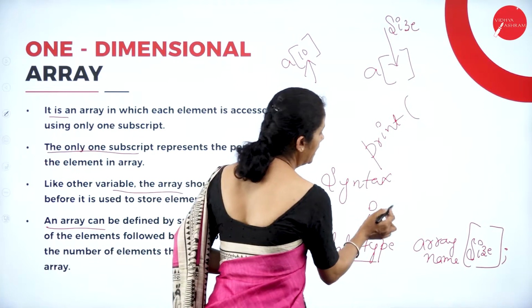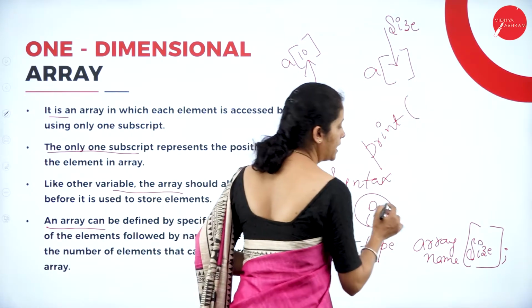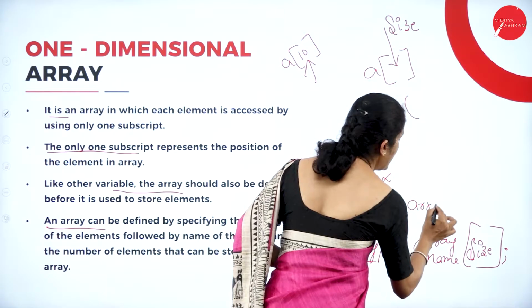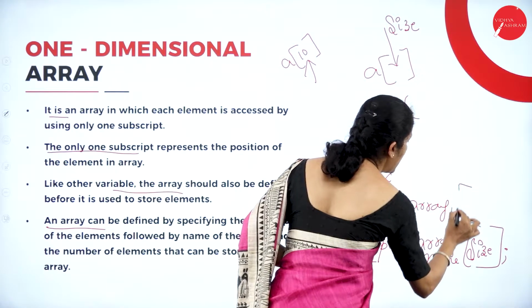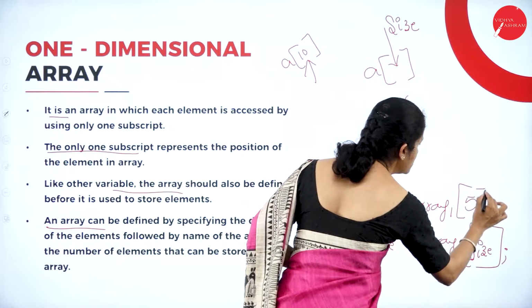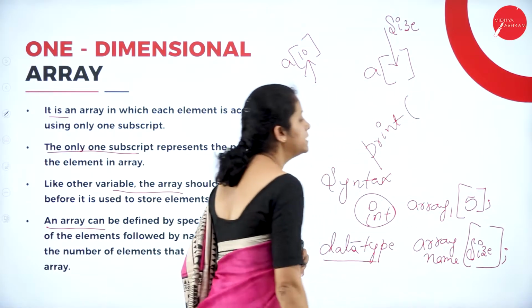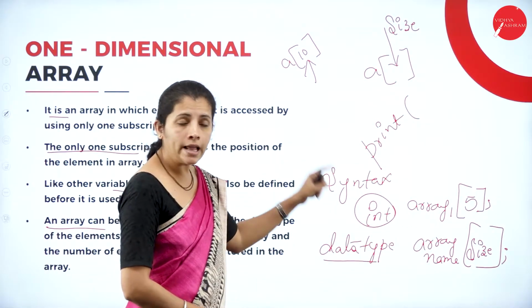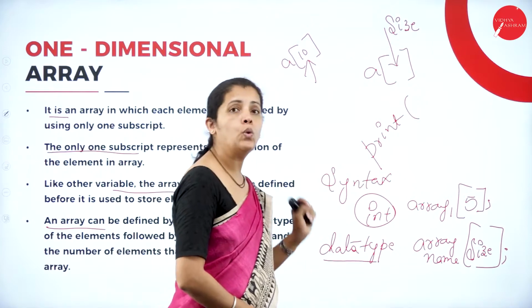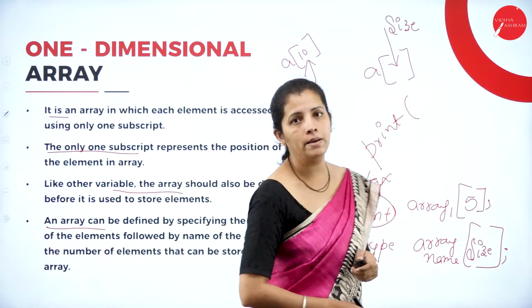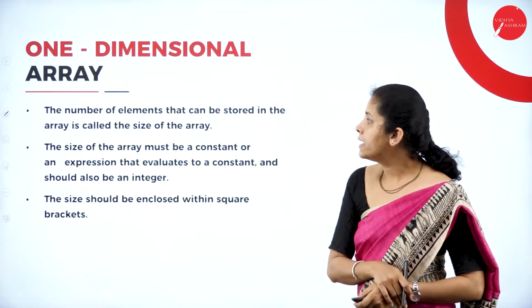So here, int is my data type. Array1 is my array name, and what is the size of the array? It is 5. That indicates that this array can hold 5 elements.